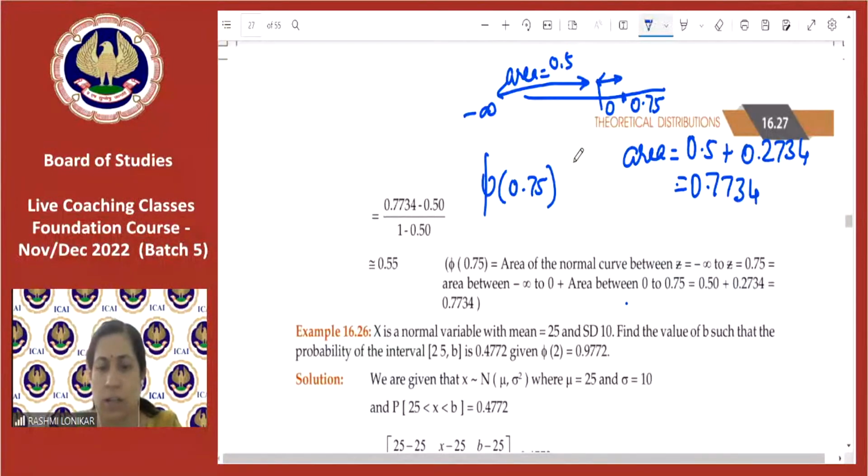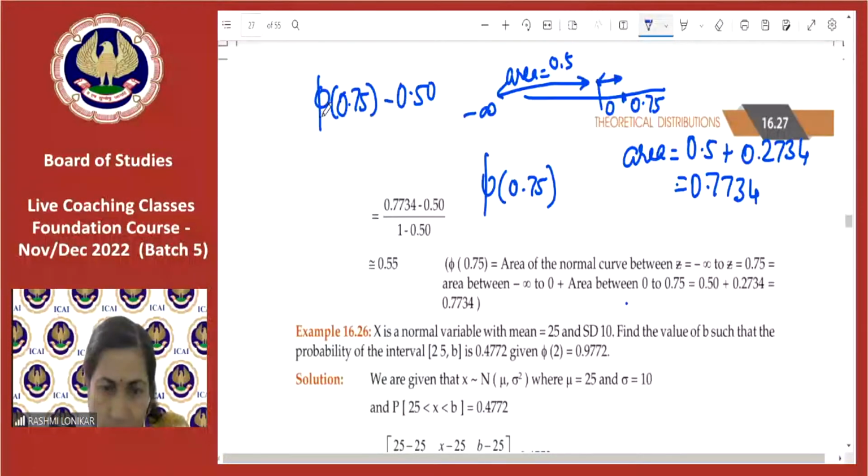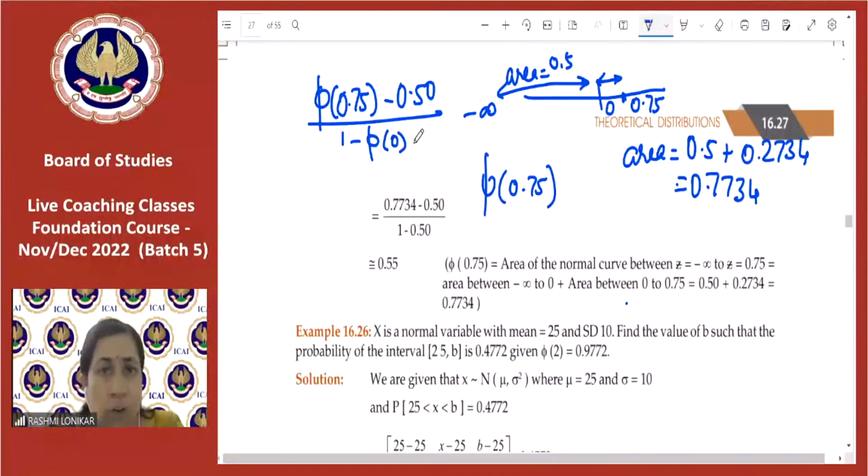This is the area, because what we are trying to find out is 0.75 minus 0.5 upon 1 minus phi of 0. Phi of 0 we already know is 0.5. Now phi of 0.75 we have found to be 0.7734.